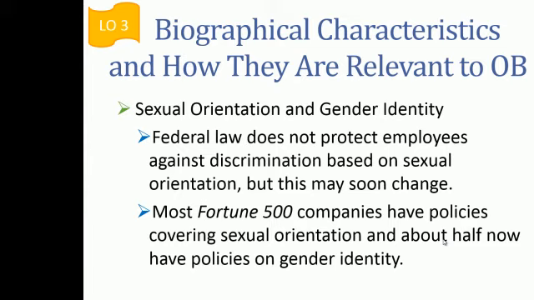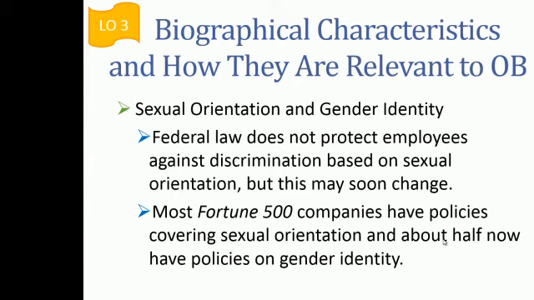We do find, to sort of combat this, and this is how public policy issues like fair pay really affect organizations, they can become organizational issues. To combat same-sex couples not having protections, not having rights, not having the ability to be on each other's insurances, we find that most Fortune 500 companies actually have policies covering sexual orientation, and now about half of them have policies on gender identity as well.